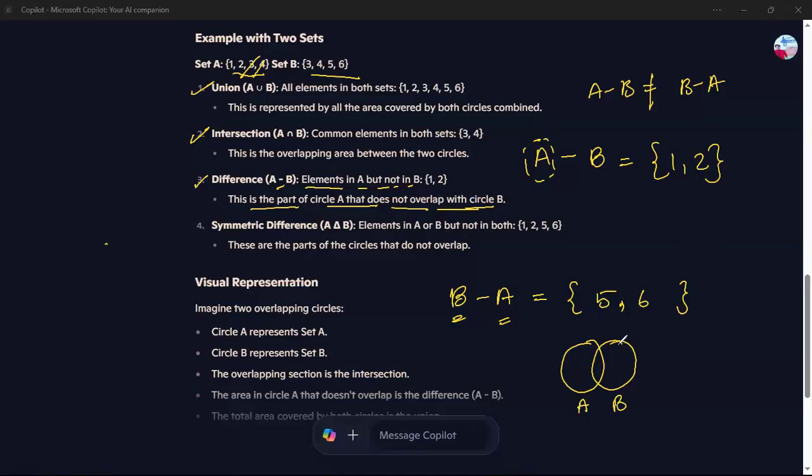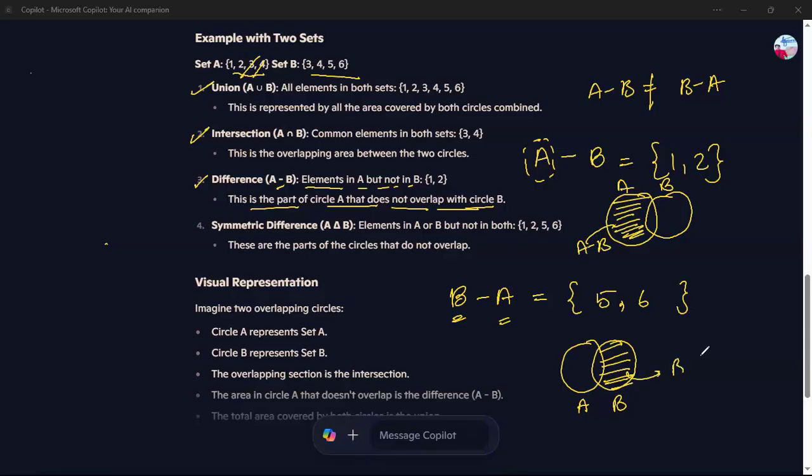B minus A means elements which are in B but not in A. So A whole will be excluded and the remaining elements in B will be written. So this is B minus A. That was A minus B.